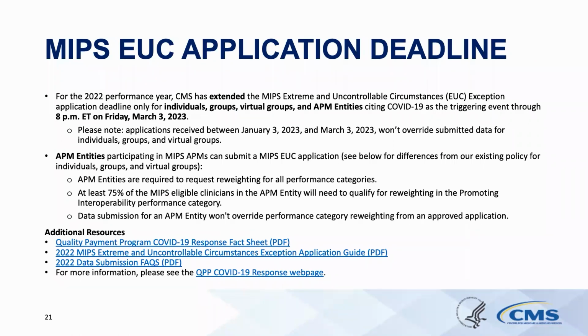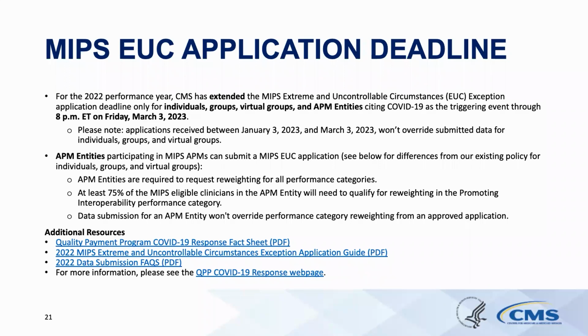And please note that any applications received between January 3rd and March 3rd of 2023 will not override submitted data that individuals, groups, and virtual groups submit. For APM entities participating in a MIPS APM, they can submit a MIPS EUC application, but keep in mind there's a few differences from the policies for individuals, groups, and virtual groups.